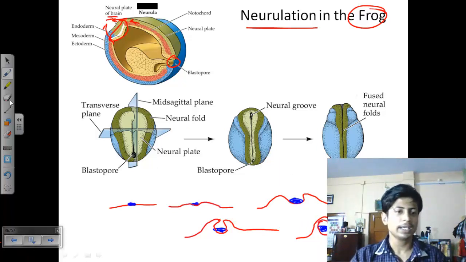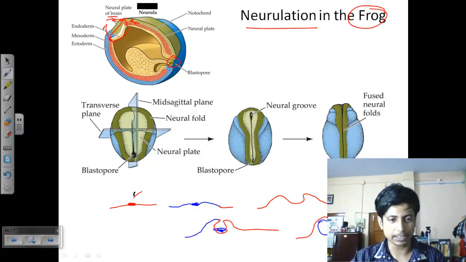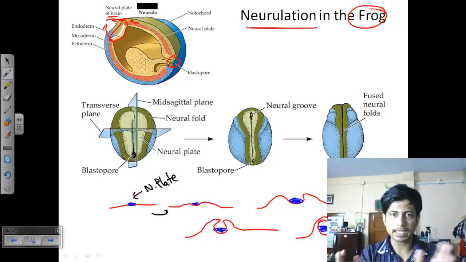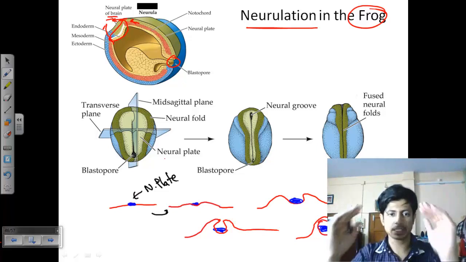So see, this is the process, schematically. It starts with the neural plate, and slowly the cells start to rise from both terminals, and this rising of cells again is important for the function of actin filaments and microtubules. They start arranging the cells, pushing the cell membrane, pushing the cytosol in one direction, and cleaving the cells at the top.